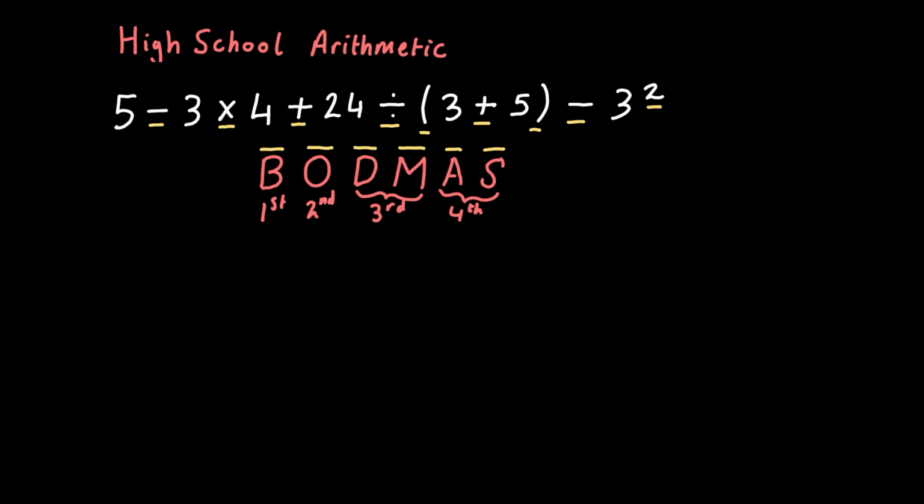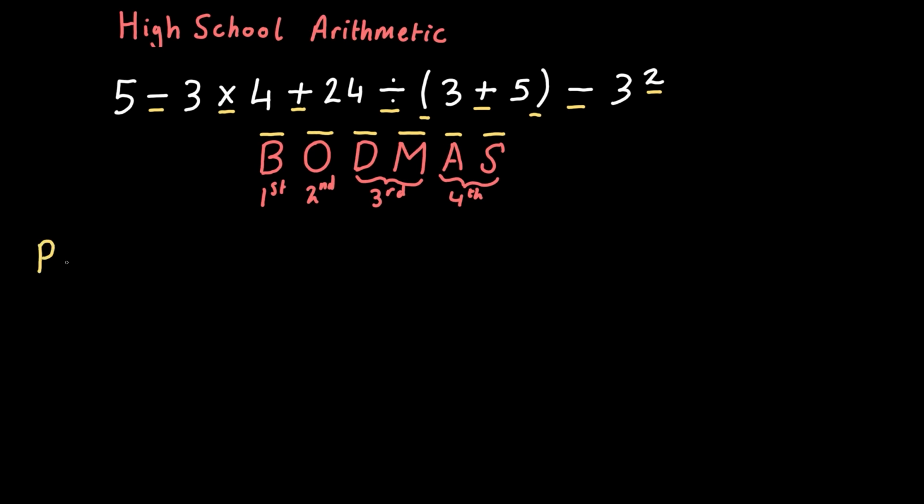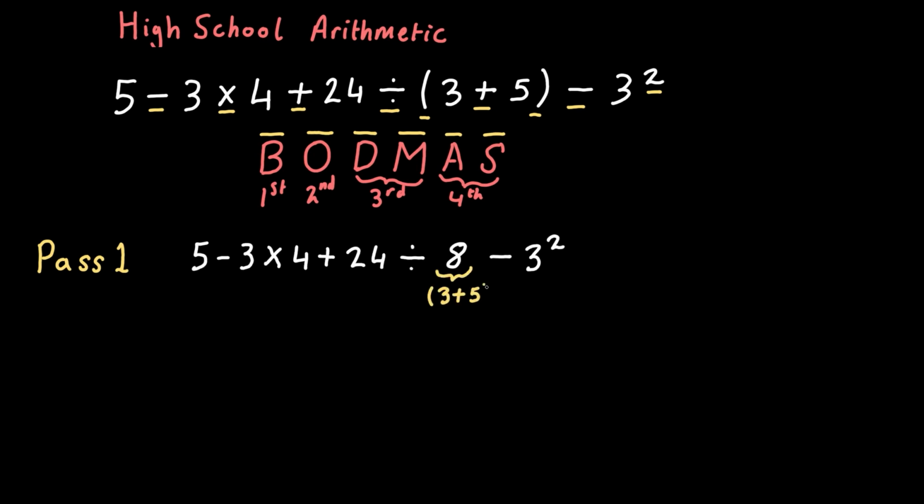Now when it comes to brackets, we always ignore everything outside the brackets and follow the order of operations within the bracket itself. Once we've calculated everything within the bracket, then we work on the order of operations outside the bracket. Our first pass produces 5 minus 3 times 4 plus 24 divided by 8 minus 3 squared.